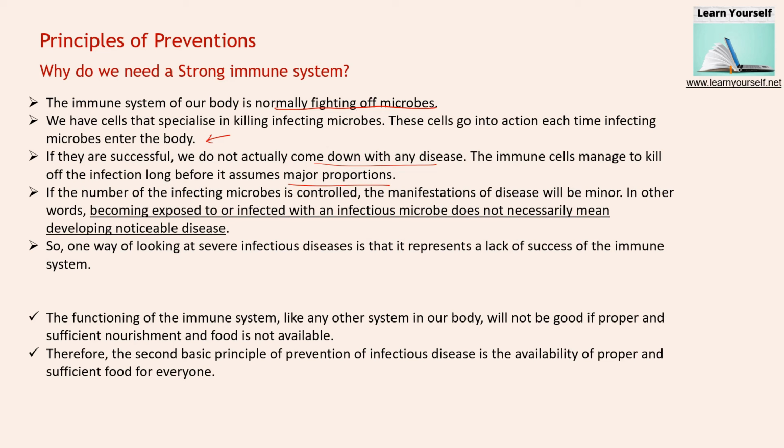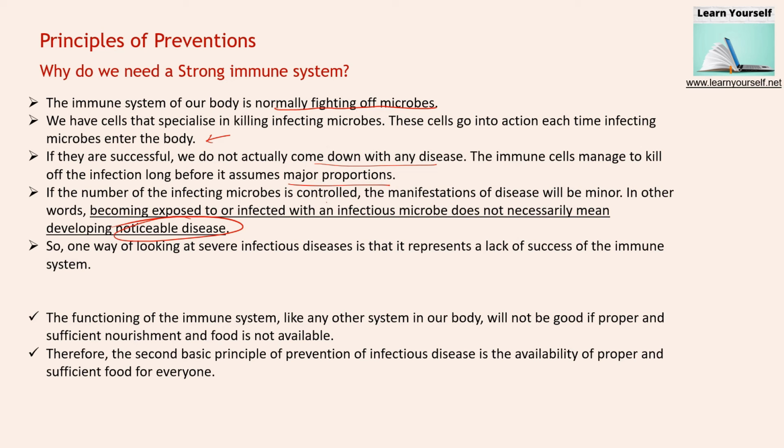If the number of infecting microbes is controlled, the manifestation of disease will be minor. In other words, becoming exposed to or infected with an infectious microbe does not necessarily mean developing noticeable disease. So, with a small microbial count and a stronger immune system, the majority of diseases will go unnoticed. So this is the main benefit and advantage of a strong immune system.